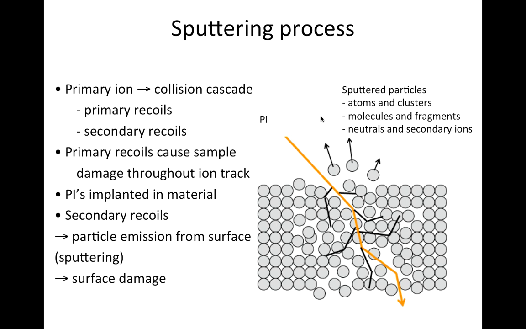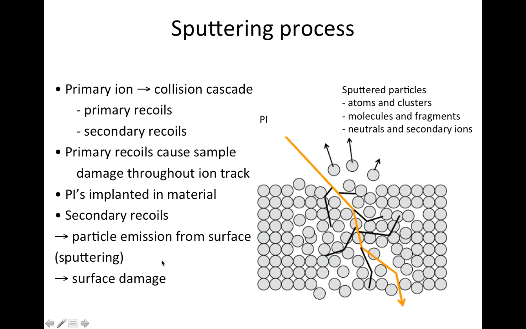Basically, we have primary ions which are bombarded onto the sample, and they generate two processes, called primary and secondary recoils. The primary recoils cause sample damage through ion tracks, and primary ions are also implanted in the material.